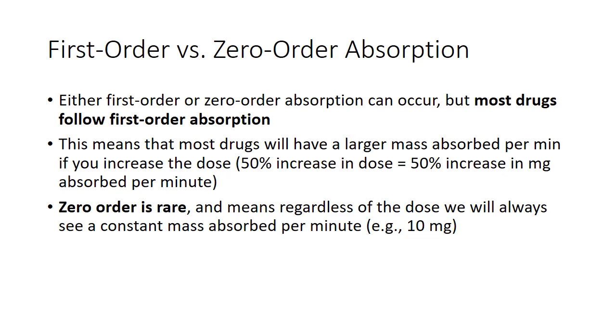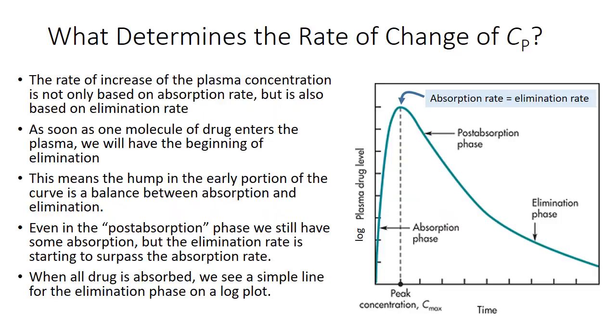So if I give someone 10 milligrams or 100 milligrams, we still get, for example, 10 milligrams absorbed per minute. Again, that's really rare because that would imply that you've saturated all the absorption processes, which is very difficult because there's such a large surface area in the GI tract. It's very unlikely to saturate all those with drug.